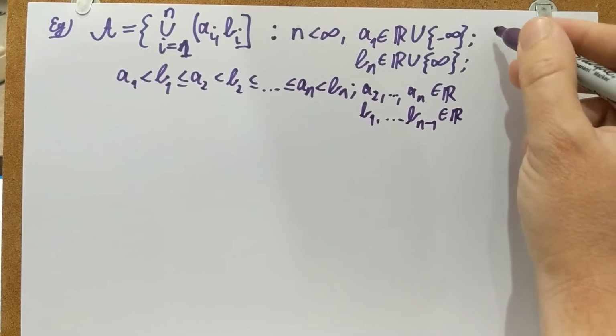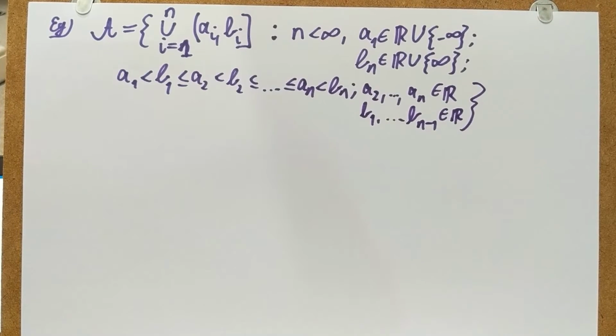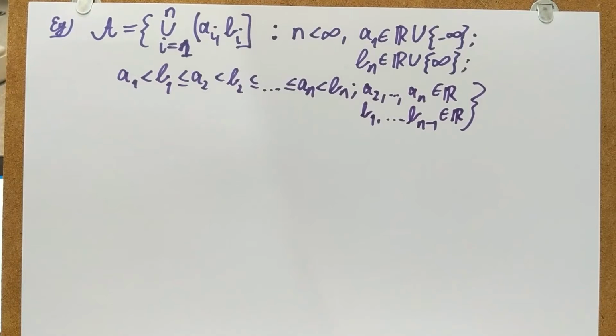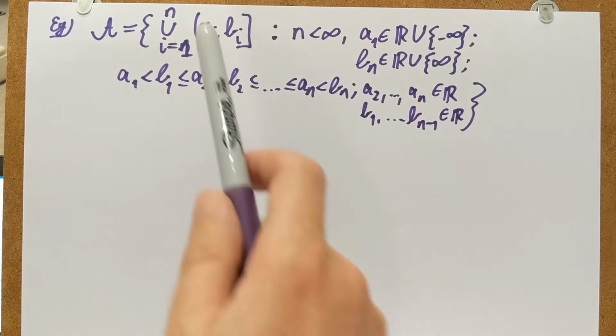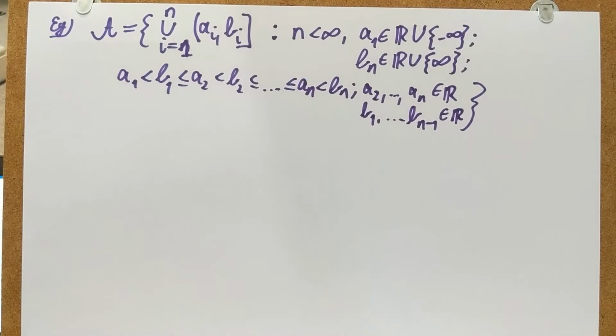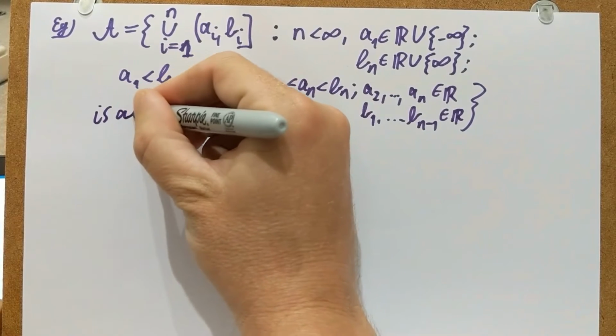This is a little bit complicated if we write out everything, but it's actually simple. I'm just claiming that you have these intervals open on the left, closed on the right, and you take a finite union of them. Except that the first interval can go down to negative infinity possibly, and the last interval possibly can go up to positive infinity. You convince yourself that this thing is an algebra.